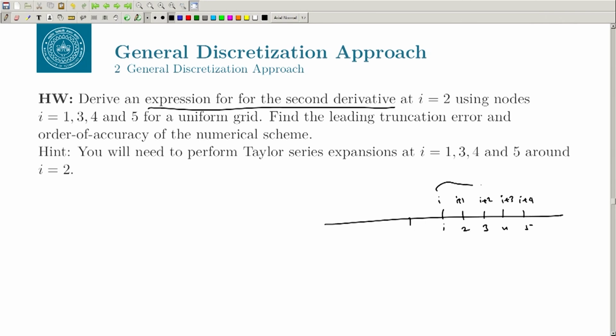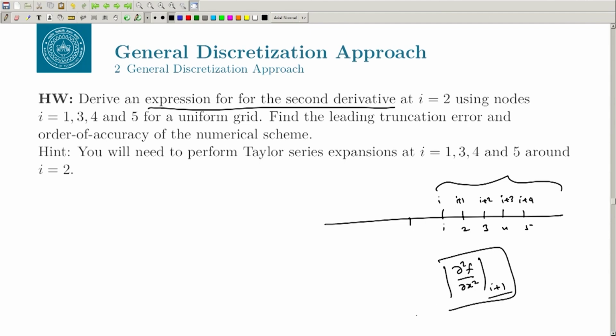So, we are using these stencil points, and you want to basically calculate the second derivative. So, you want to calculate del 2 f by del x square at I plus 1, right. This is what you want to calculate, right.